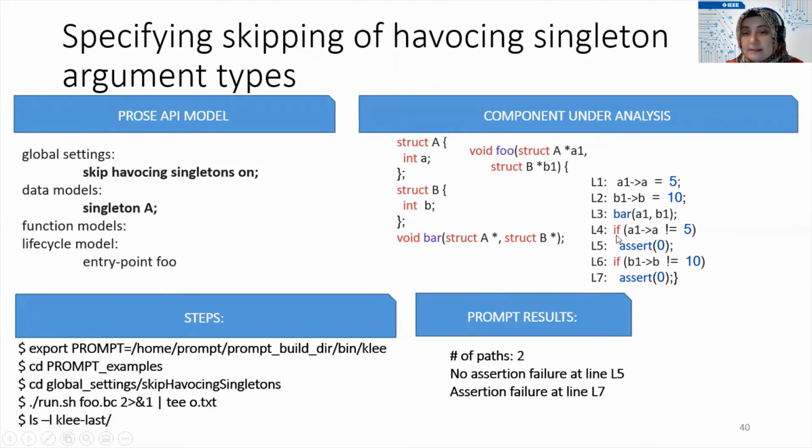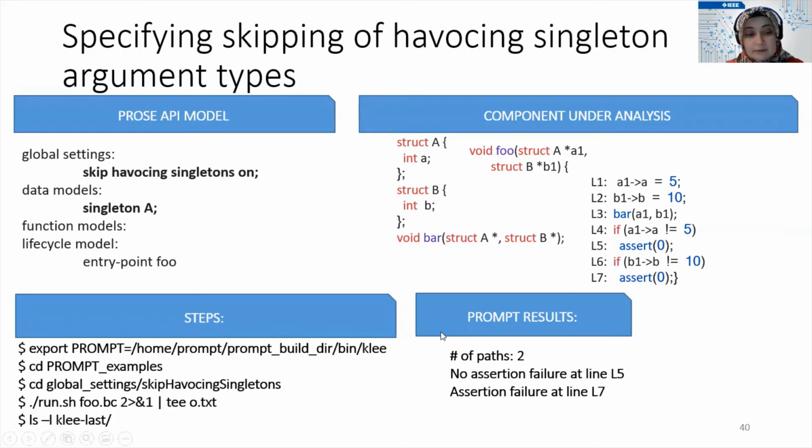Okay, so what that means is that this if statement will evaluate to false because we have set this value to 5 already. And so we will not reach this assertion failure. Whereas since we havoked B1, because the type is not a singleton, and bar is an external function, it will be unconstrained due to the havocing operation, this if statement will hold, and then we will reach this assertion failure at L7.